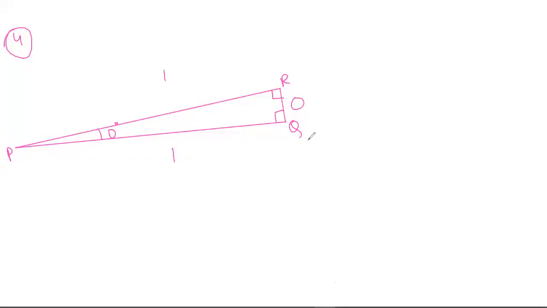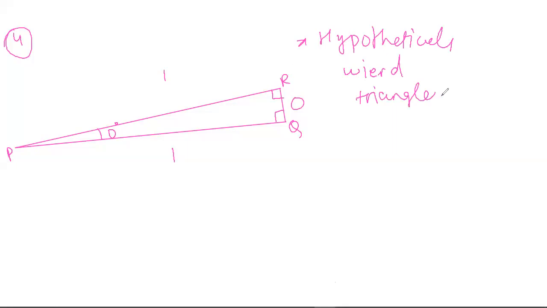This is the new figure that we're talking about. Oh my god, again, not this again. Well, it is this again, and again I repeat that this is a hypothetical weird triangle, and this is our fourth magic triangle.